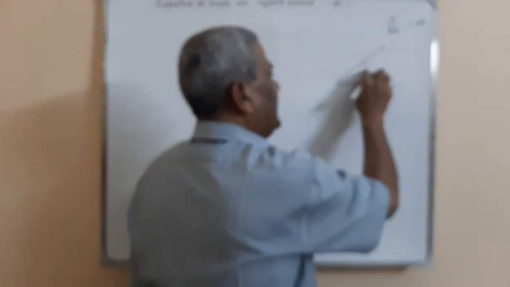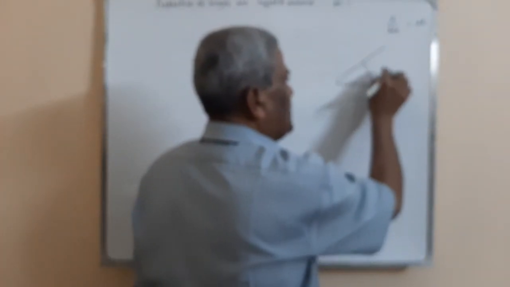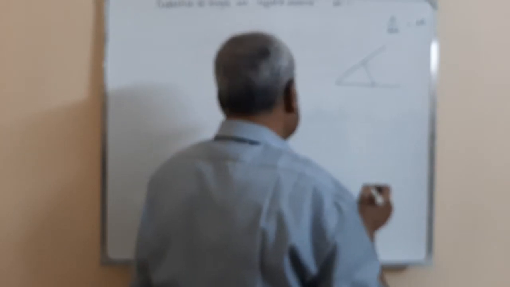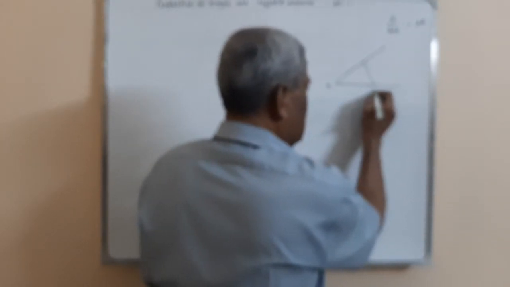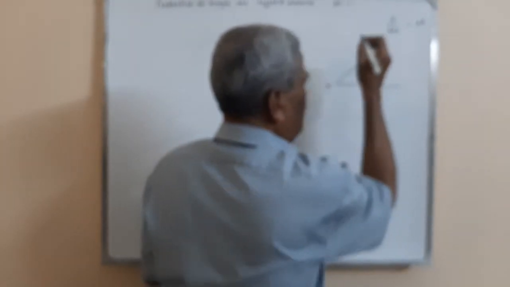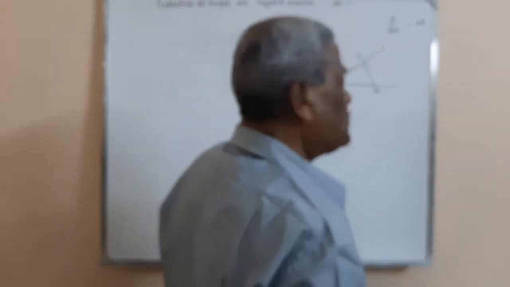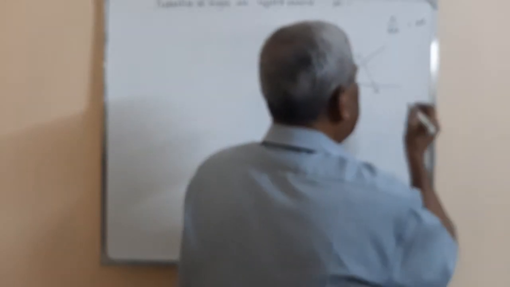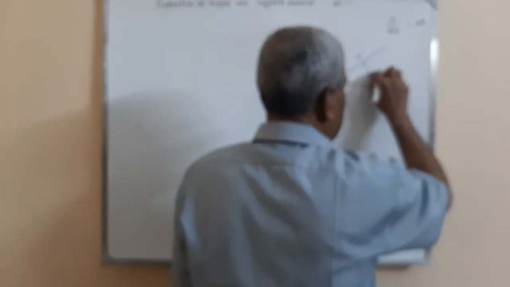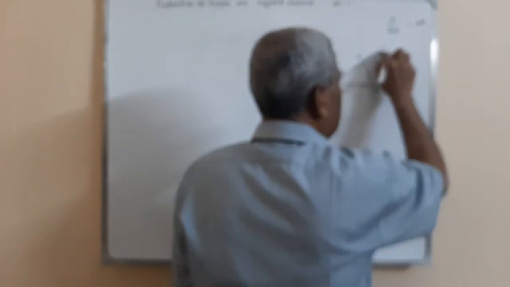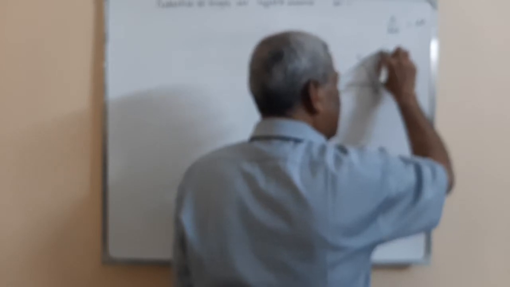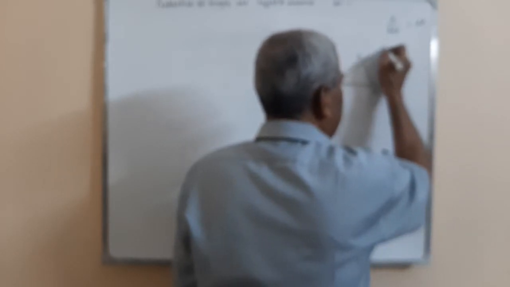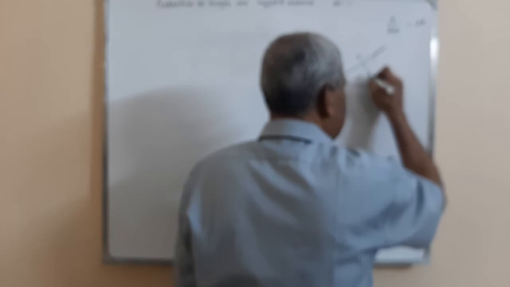This one is not extended, and this one is extended, that one is extended. Now, one circle can always be constructed touching this straight line, this extended side and that extended side.